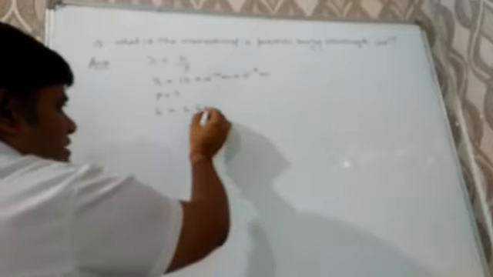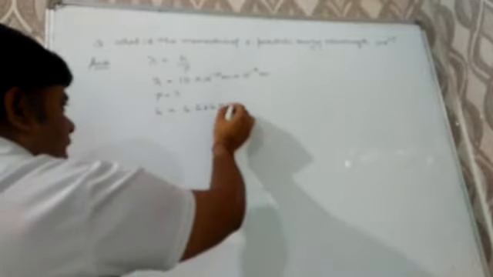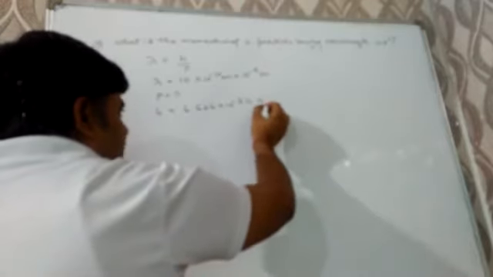P we need to find. h is Planck's constant, value is 6.626 into 10 to the power minus 34 joule second.